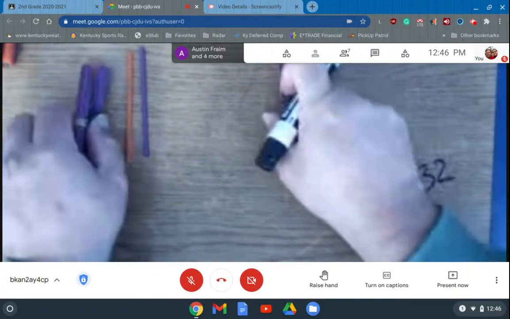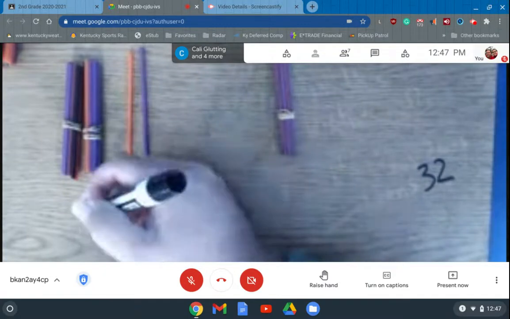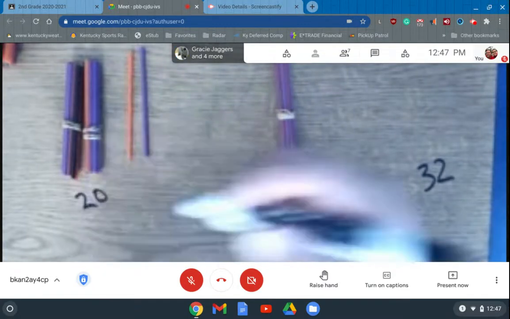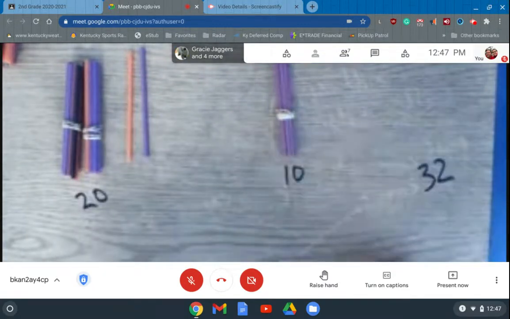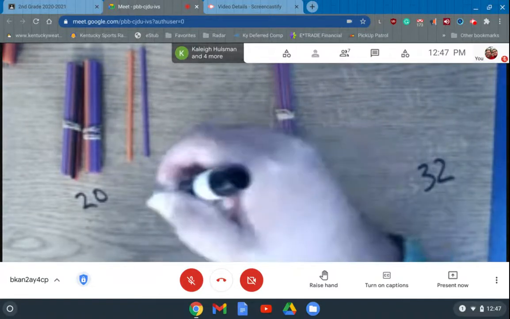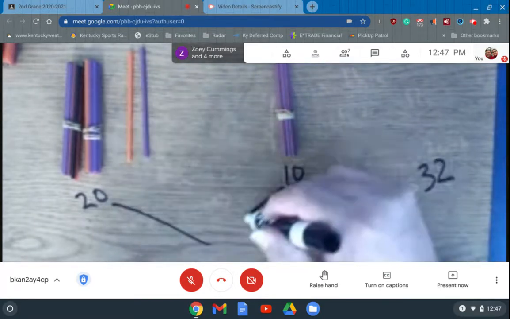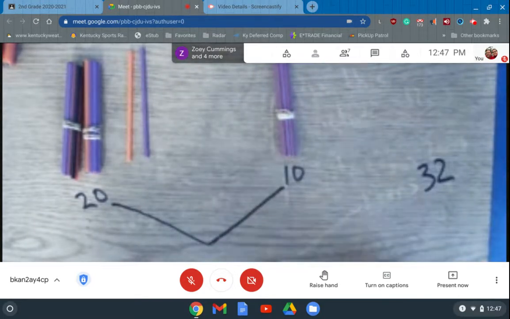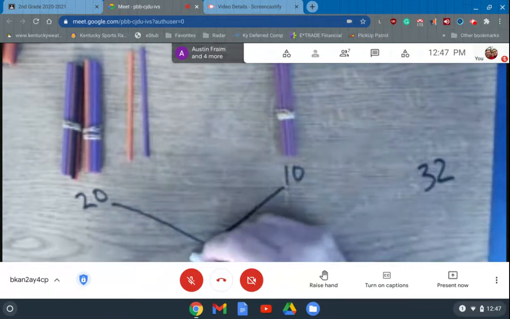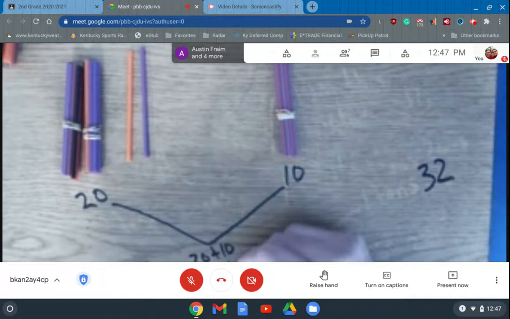Okay, so let's stop right there. I could write 20 here. I could write 10. And you told me to put them together, so I'm going to show them putting together by drawing these lines like this. These put together would make 20 plus 10, which you're saying is 30, right?